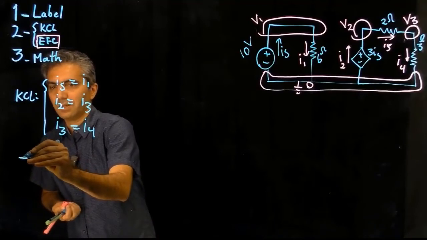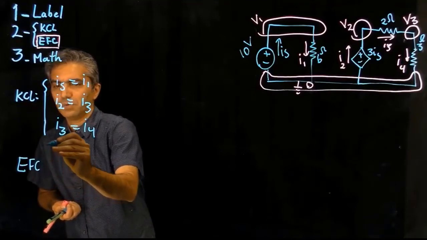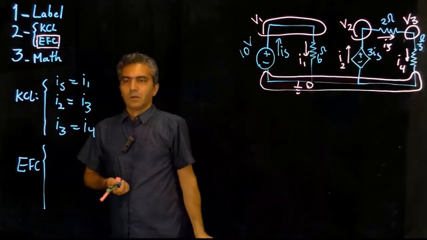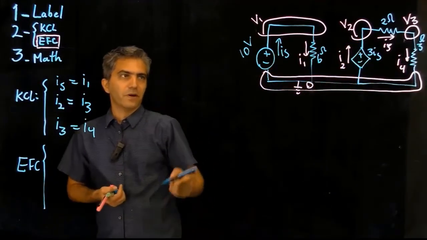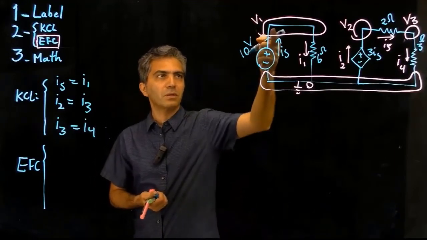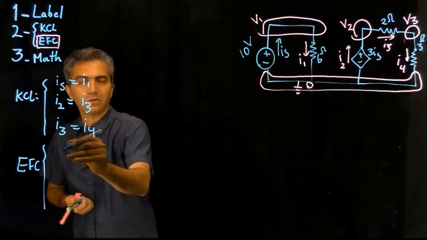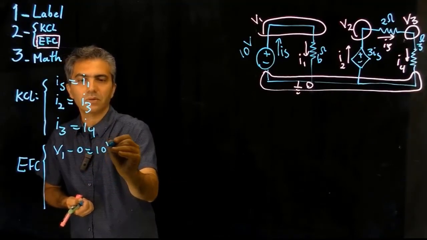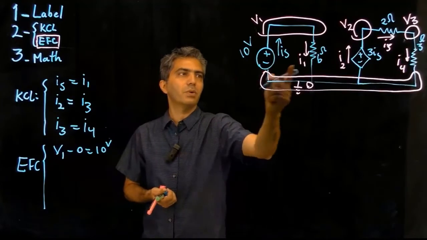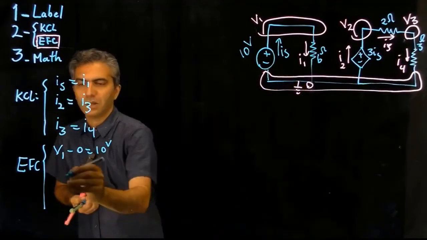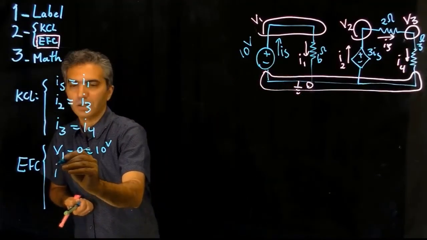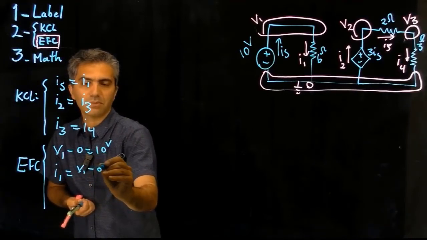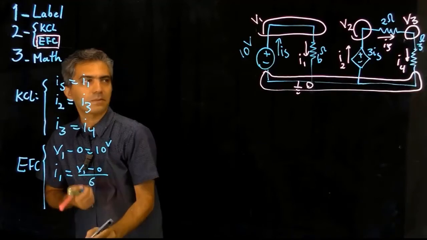Finally, I'm going to write equations for components. We have 1, 2, 3, 4, 5 components, and therefore I'm going to write 5 equations. For the voltage source, the potential difference across it, V1 minus 0, is 10 volts. That's the equation for that component. For that resistor, I1 is equal to V1 minus 0 divided by 6.